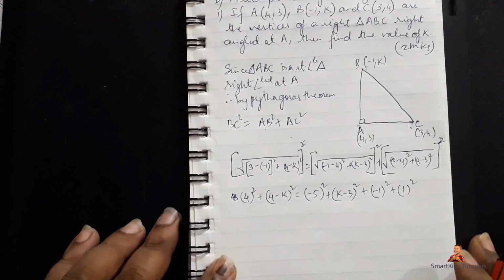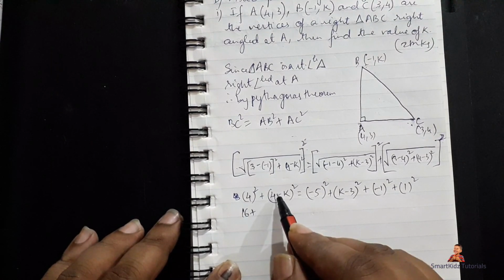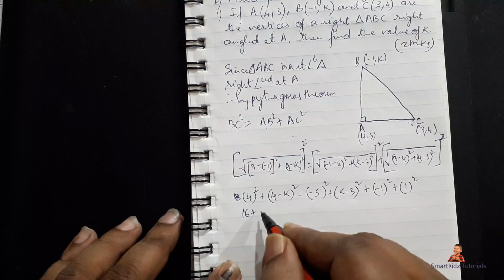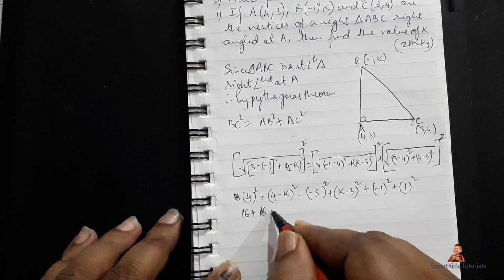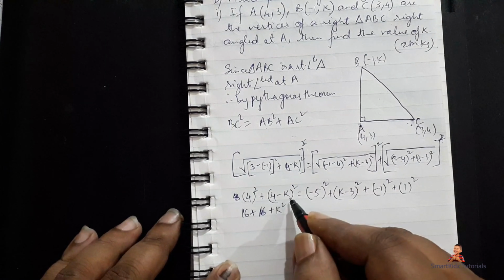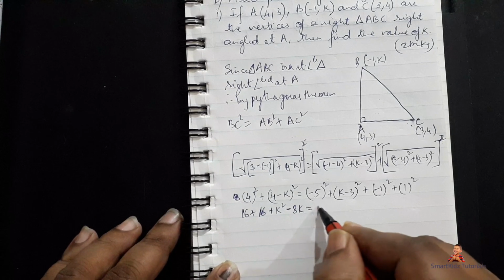Next, 4 square is 16 plus, I'll open this with a minus b whole square, so that would be a square, that is 16, plus b square, that is k square, minus 2ab, so minus 8k, equal to 25.